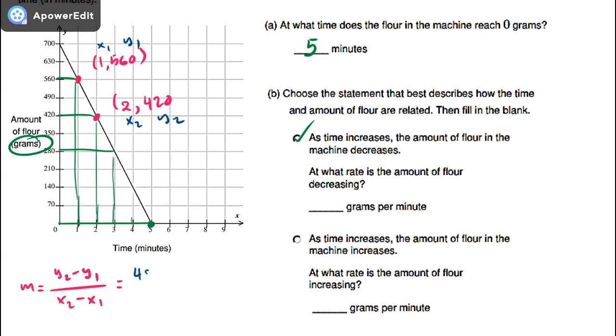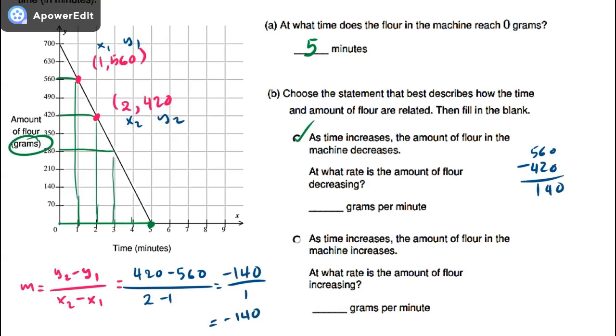That will be 420 minus 560 over 2 minus 1. 2 minus 1 is 1. 560 minus 420 gives me 140, and it's negative 140. So in the answer, you're going to put 140. We don't put negative because they already used the term decreasing, which means negative.